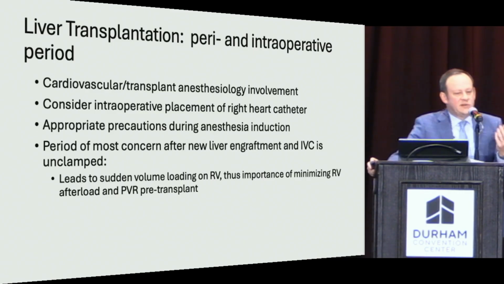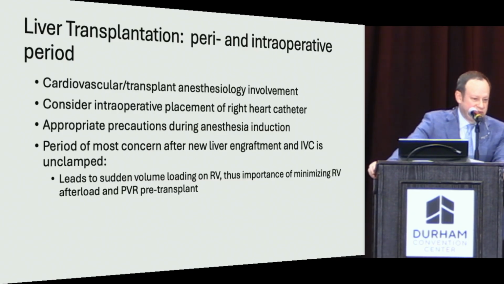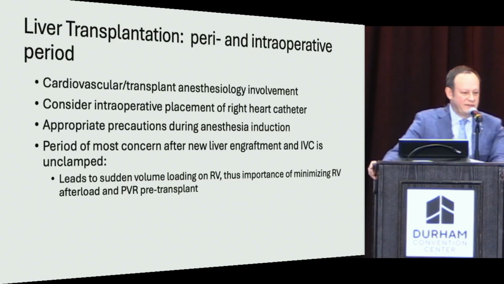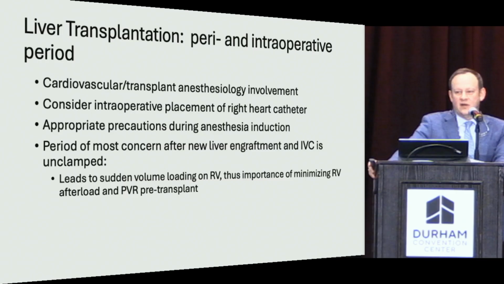So what we're concerned about in the peri and intraoperative period of liver transplantation in these patients is really what happens when the IVC is unclamped after the new liver is engrafted. This leads to a sudden and robust volume loading on the right ventricle. So you can imagine, if your RV afterload and PVR is high, the ability to tolerate that is going to be poor, and this can lead to cardiac arrest in the OR.